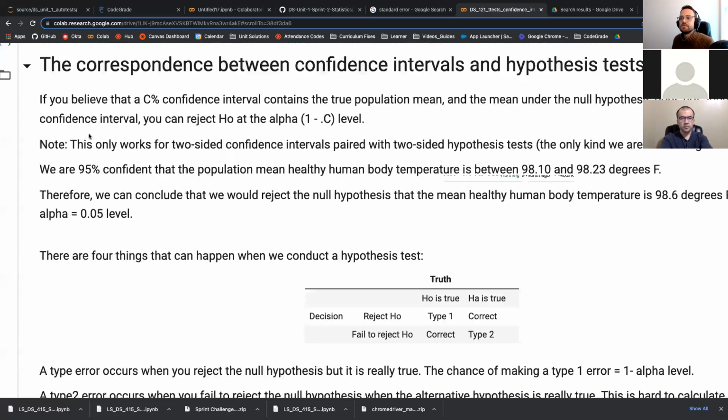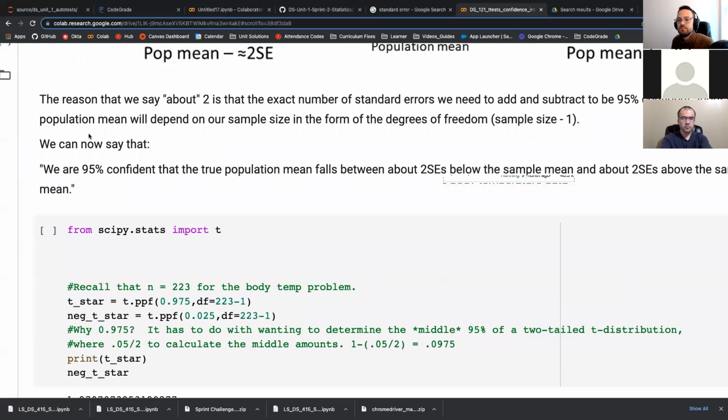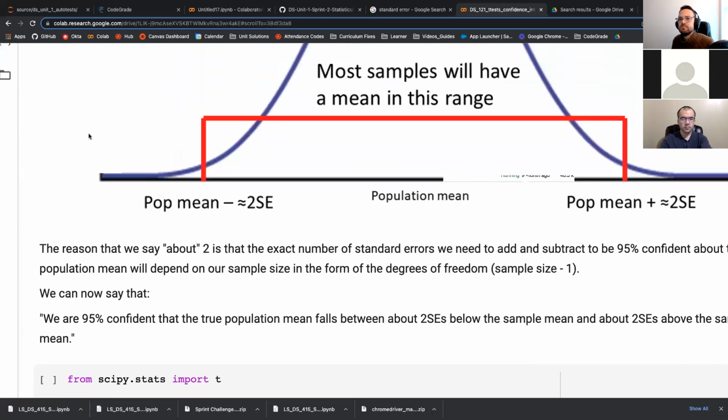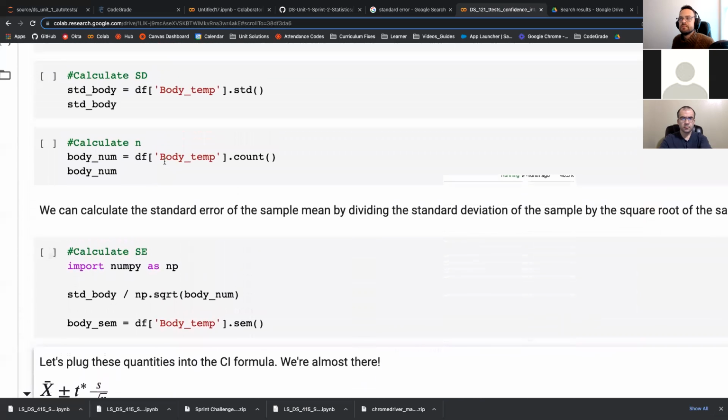Real quick, for the margin of error, is it a stats scientific method, like the t-test sample? Could we calculate it with SciPy?